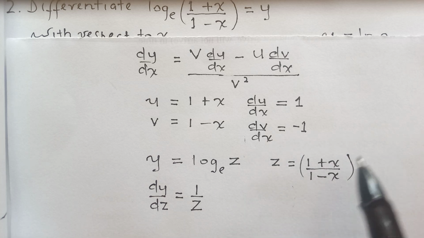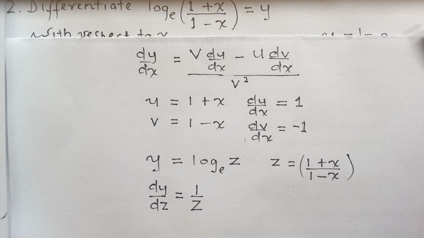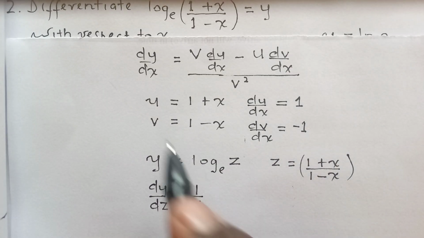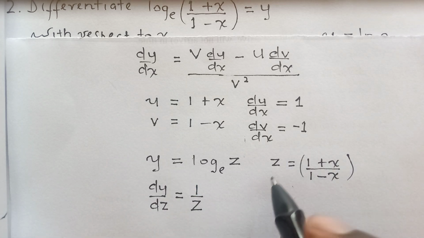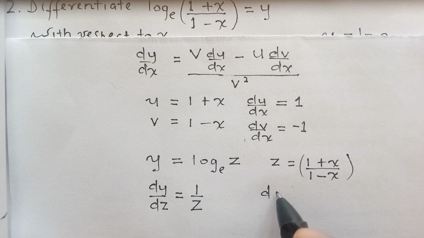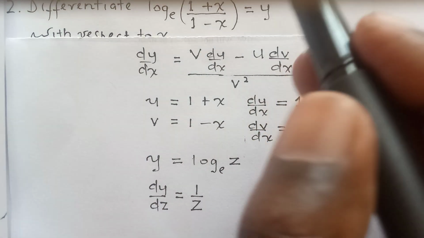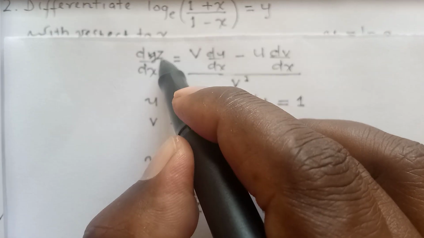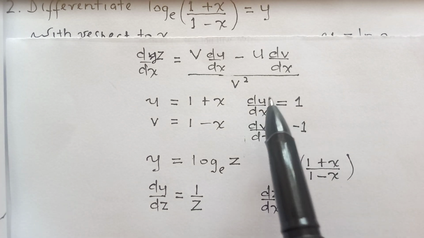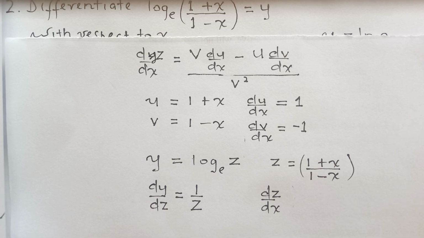So now, considering this one and this equation, instead of having dy here and dx, we will put dz all over dx, because now we are doing this question. So we can even change this one, and now first of all put dz like that, so that now we can use these values to find the dz.